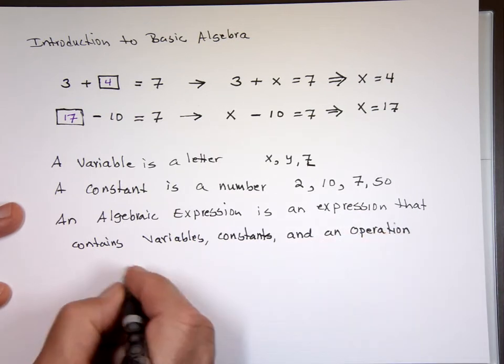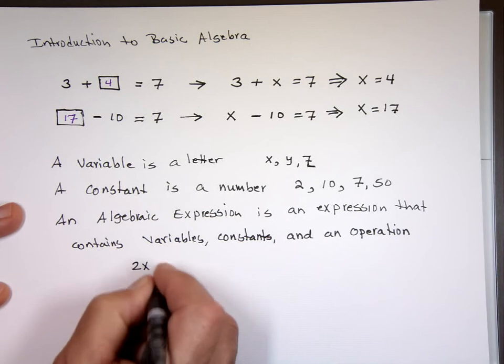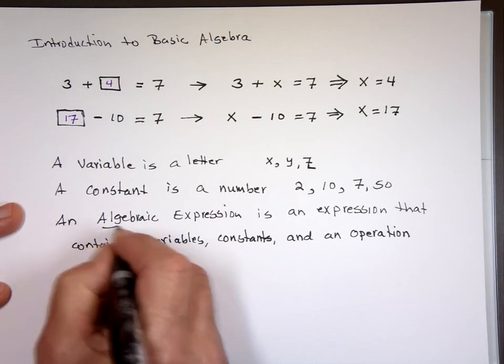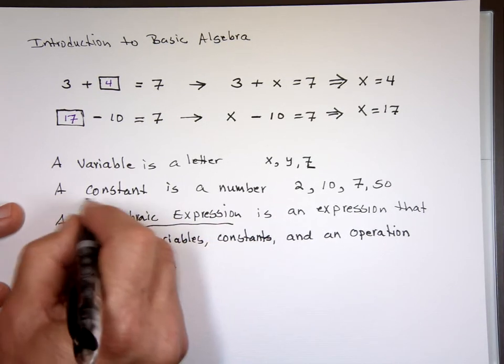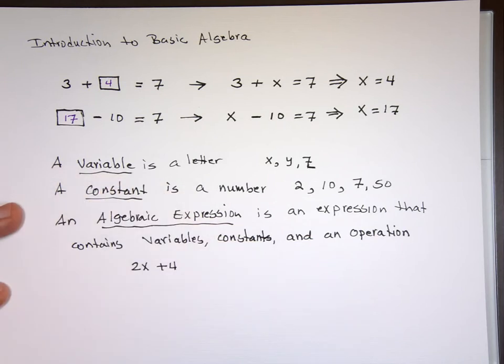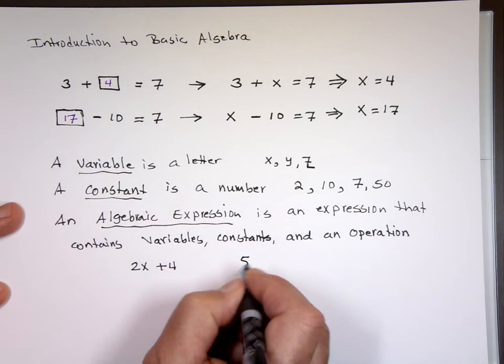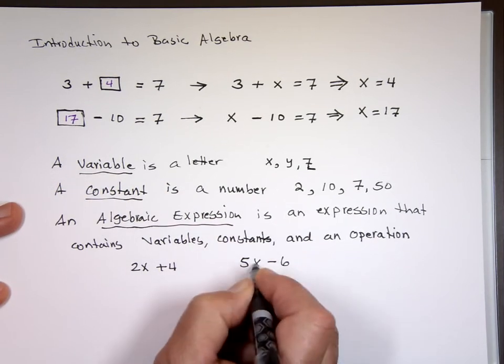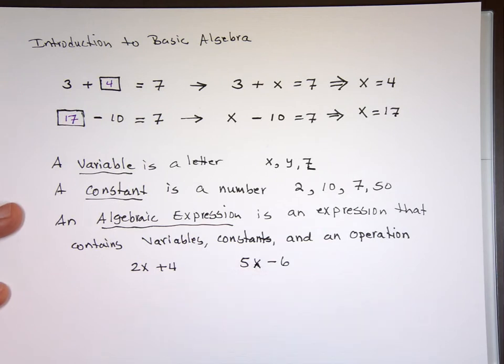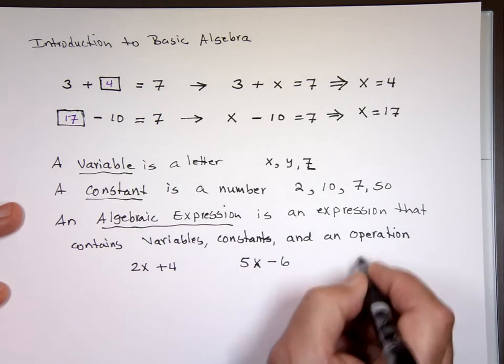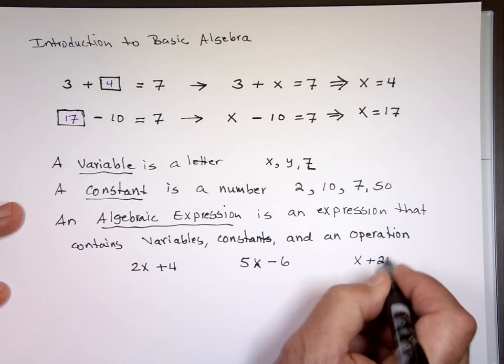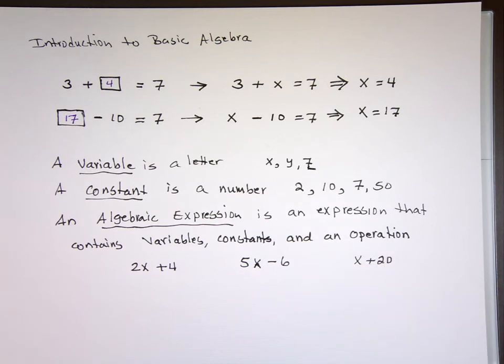Like what? 2x plus 4. That's an algebraic expression. 5x minus 6. That's an algebraic expression. X plus 20. That's an algebraic expression.